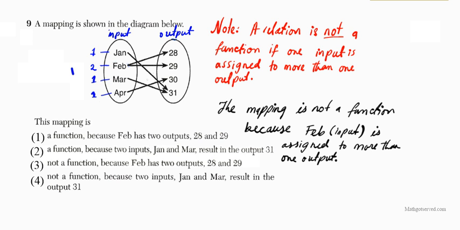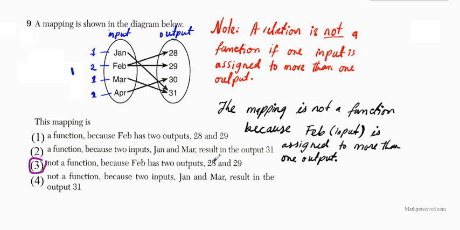So you want to focus your attention on the inputs and see how many outputs they're being assigned to. January is assigned to 1, which is good. February is assigned to 2 outputs, 28 and 29. That is not good. Because February is assigned to 2 outputs, that violates the definition of a function. Hence, this mapping is not a function because of the reason stated in number 3.